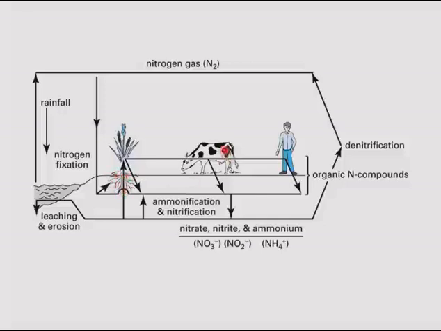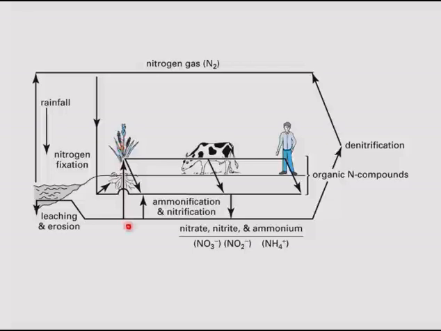It can be put into the soil by animal or human involvement. Okay, and it's generally in the form of nitrate, nitrite, and ammonium. However, those things being in the soil, there is means for loss. So these things can be taken up by organisms, and what you see right here is that the nitrate or ammonium is taken up by a plant.